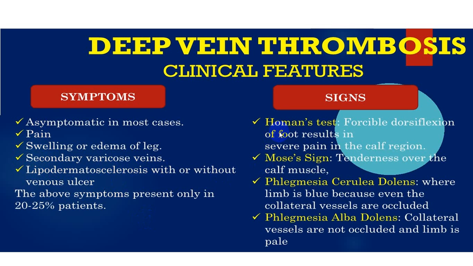You will have a Homan sign positive, Mosses sign positive, and it can end up in phlegmasia cerulea dolens, where it will be blue color with collateral vessels occluded, while phlegmasia alba dolens will be associated with paleness, which is because of arterial involvement. Mosses sign is tenderness over the calf muscle, but while doing that, be careful, don't end up with thromboembolism.